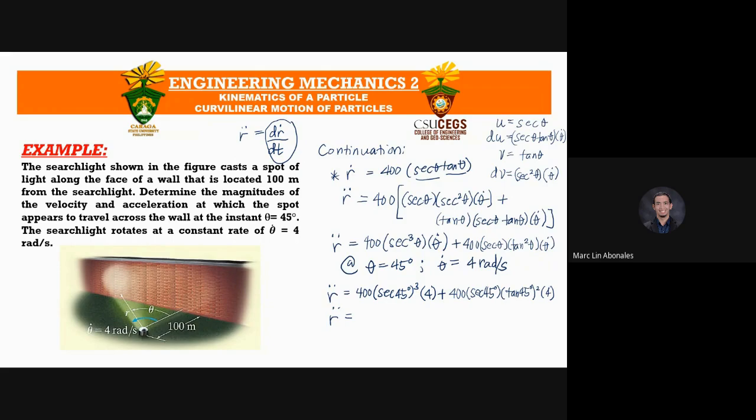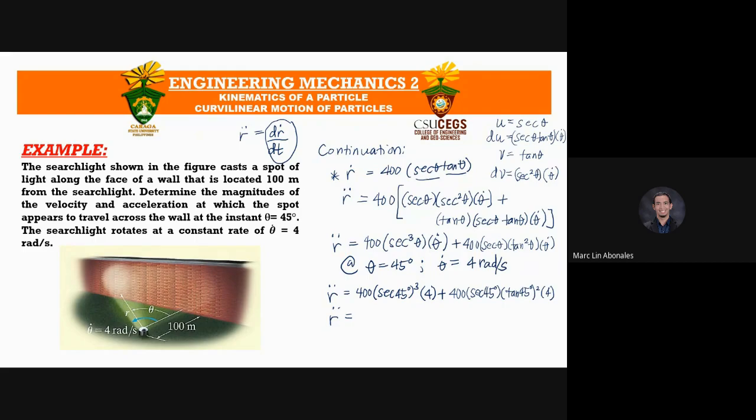So 6788.23. So you multiplied the 400, right? Multiply the 400 in the second term.